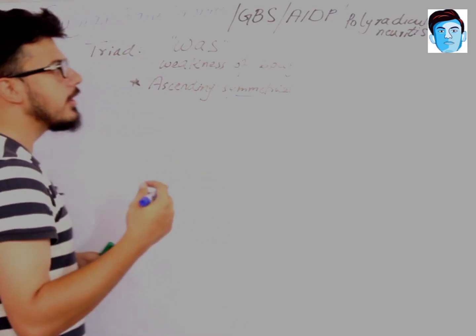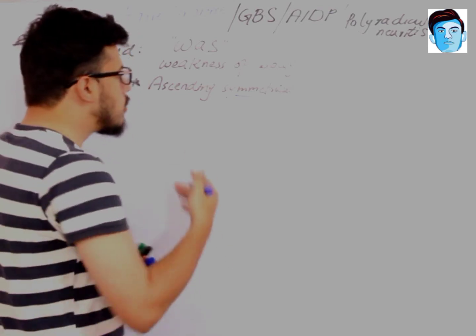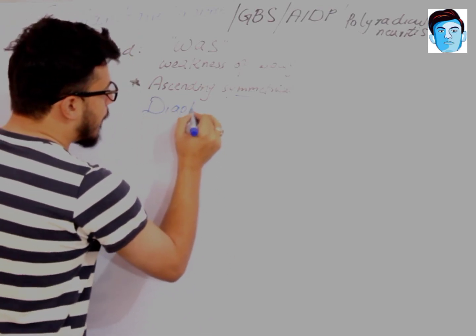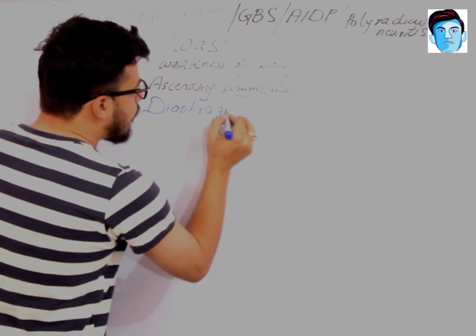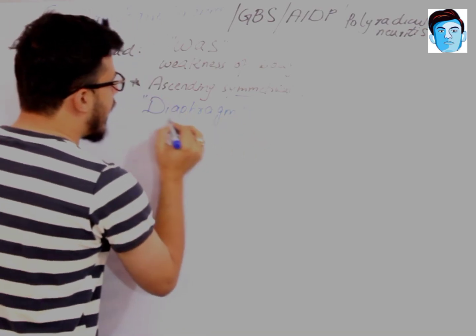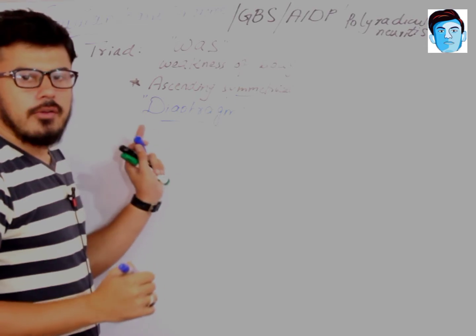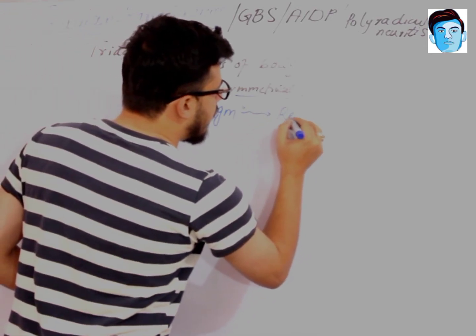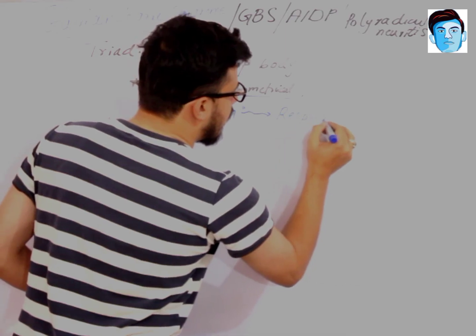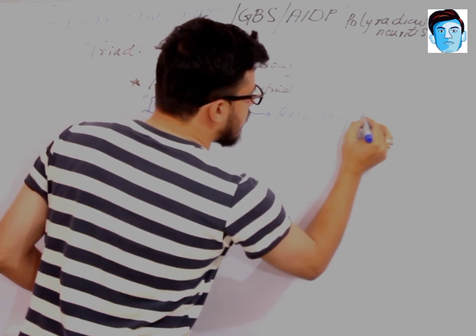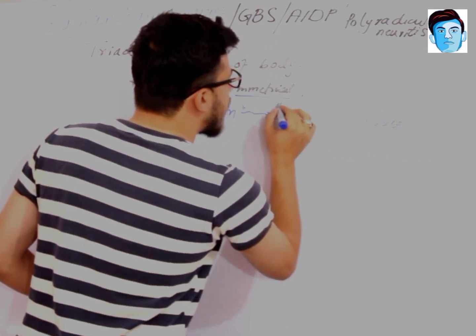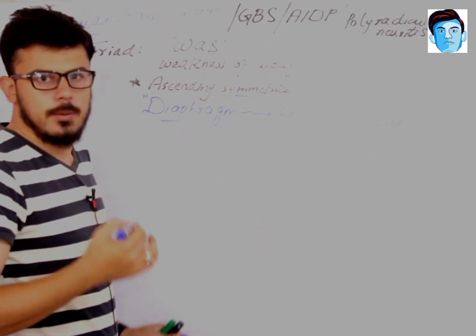So when the disease is ascending upward, it may affect the diaphragm. And as you know, the diaphragm is the active muscle of inspiration. So if the diaphragm is affected, it may lead to respiratory failure, and it is considered the most dangerous complication in GBS.